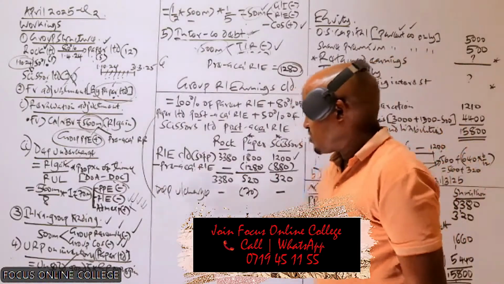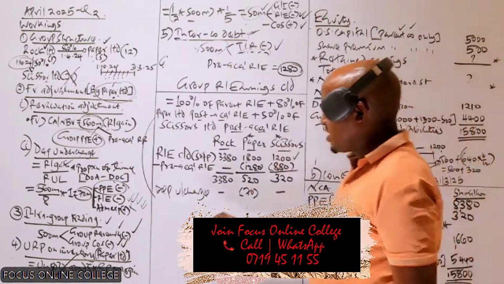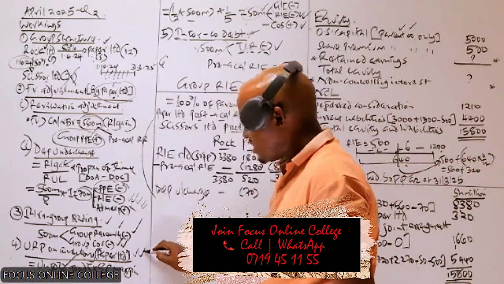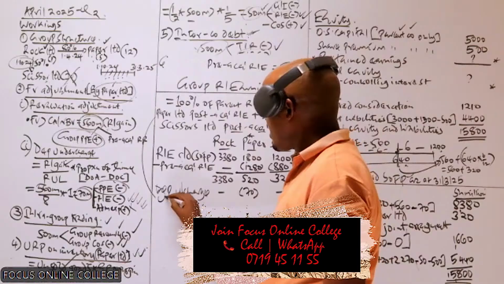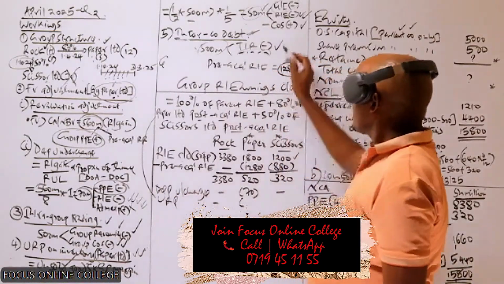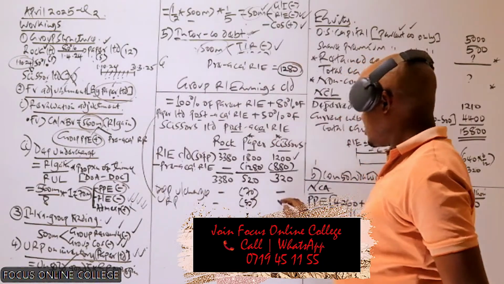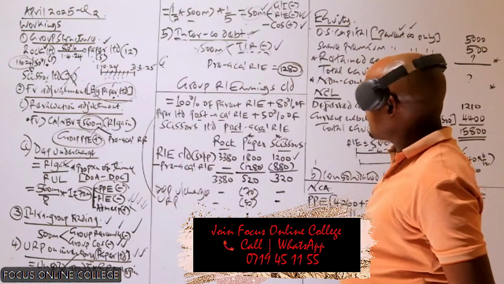So this and this will not affect that, but we have this unrealised profit. We say this one will also be deducted from the retained earnings still of paper, 50. Do we have any other adjustment?